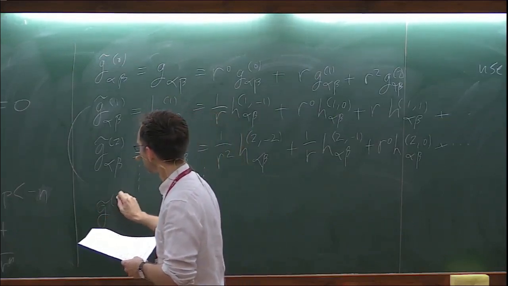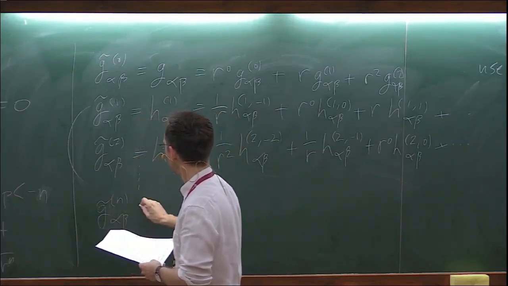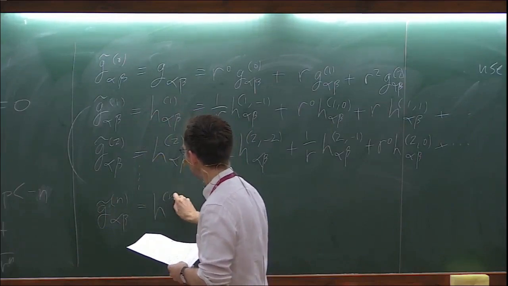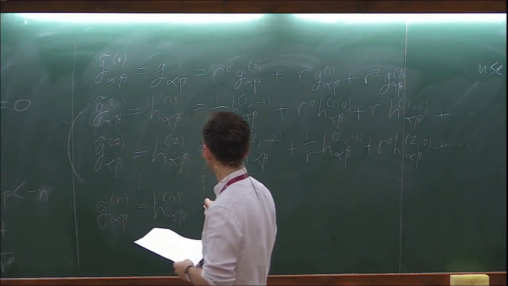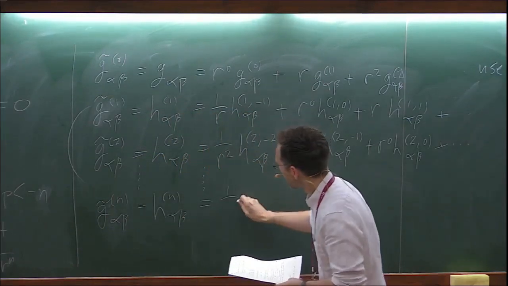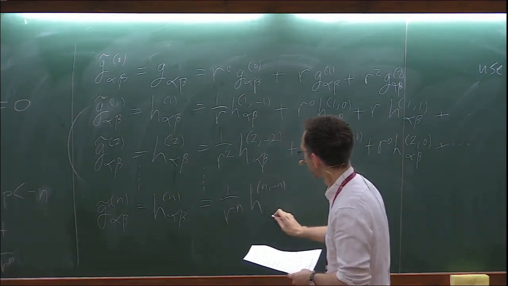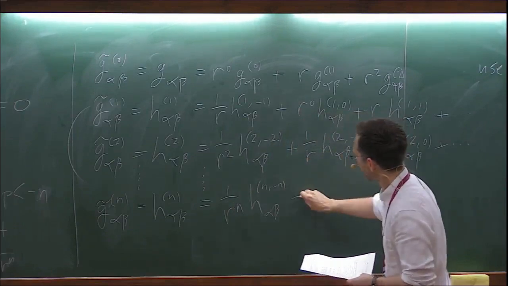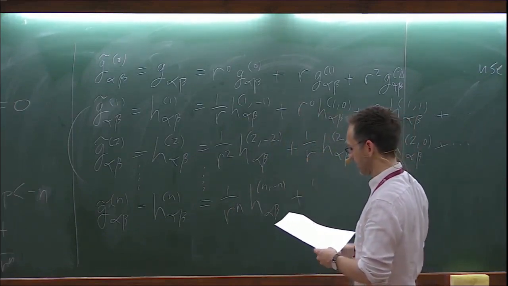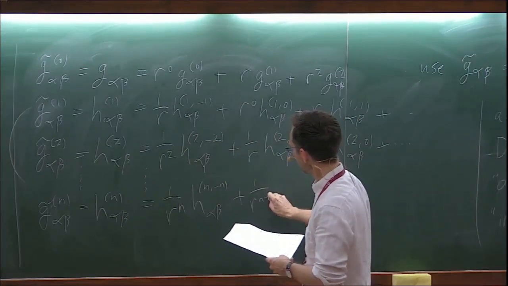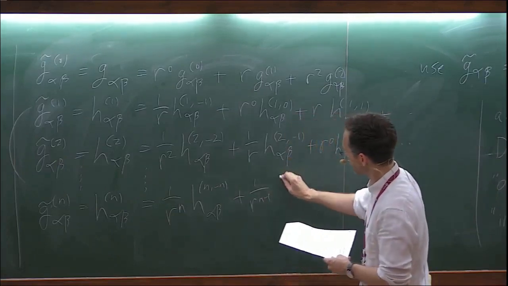We have g tilde n alpha beta equal to h n alpha beta. And we start at order 1 over r to the n. And then we have higher order terms in r.